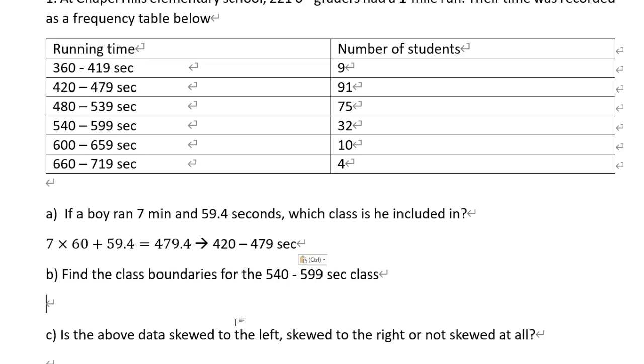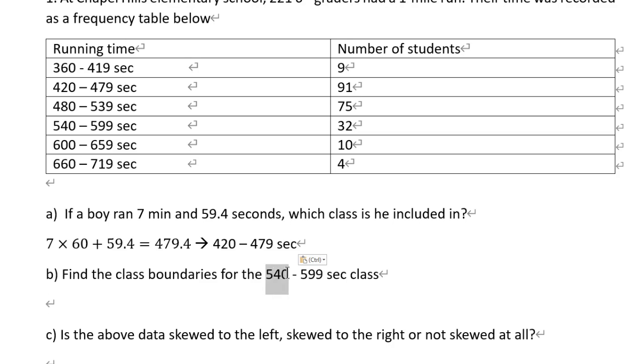Now that naturally leads us to the second question, where's the class boundaries for the 540 through 599 second class? Well, that's because we saw that 479.4 should round down to 479.